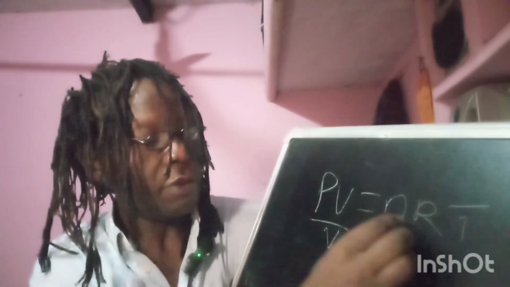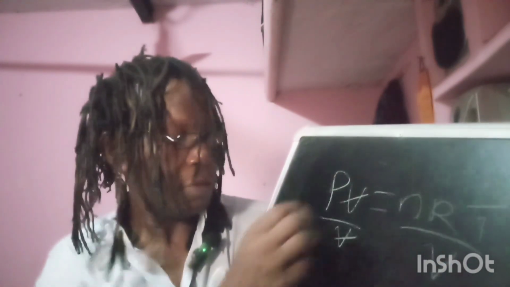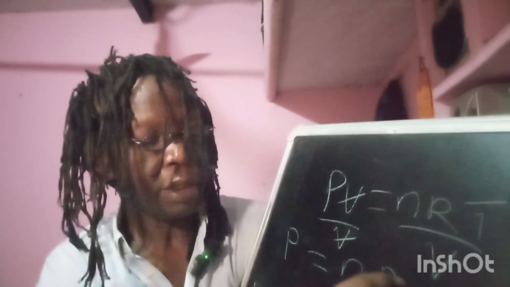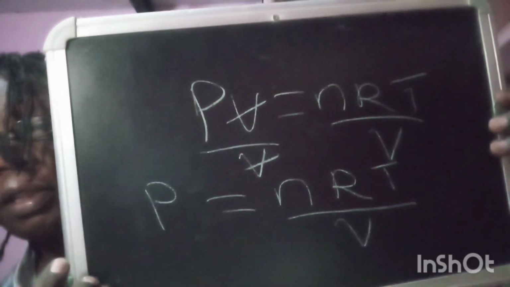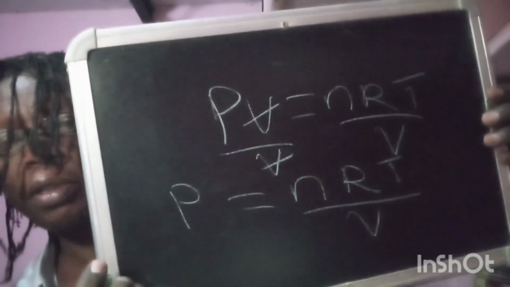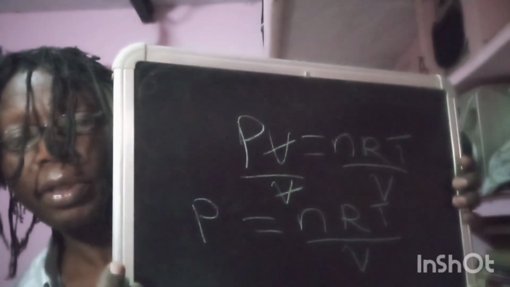Now suppose you want to know the pressure, you will divide by the volume. Pressure will be equal to amount of substance times R, which is the gas law constant, times temperature, divided by volume. So you can see that from this maths, you can calculate the pressure inside your pressure cooker, and you can also calculate the temperature or volume and stuff like that.